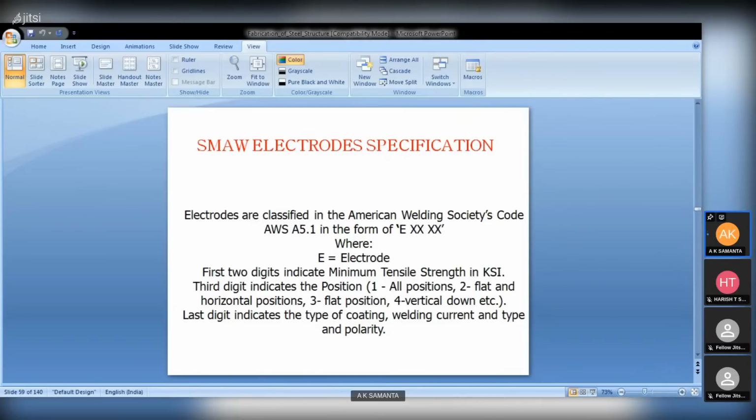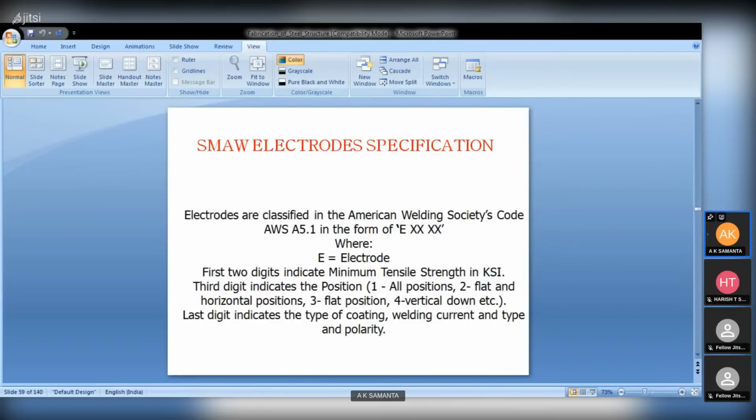That we need to understand. Whatever the number is, if we want to know the tensile strength of that electrode material, we have to multiply the first 2 digits by 6.9. KSI is converted to MPa by multiplication by 6.9, almost 7.